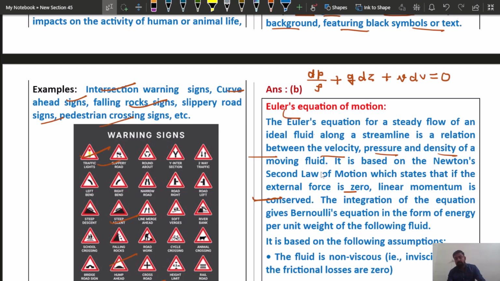This is the Euler equation. If we integrate Euler's equation, we will find Bernoulli's equation. What is the Bernoulli equation? P upon rho g plus v square upon 2g plus z equal to a constant. So by integrating Euler's equation, we find Bernoulli's equation.